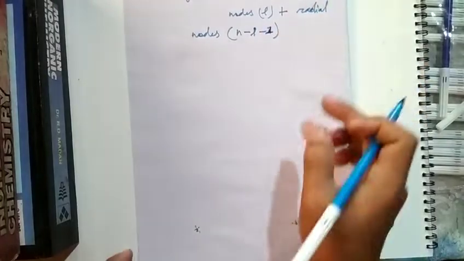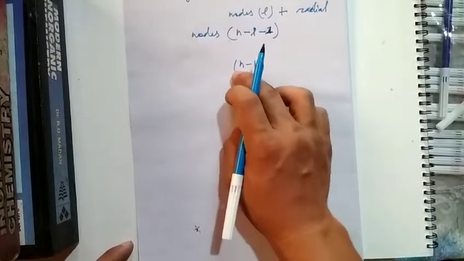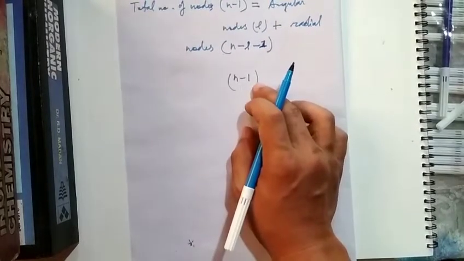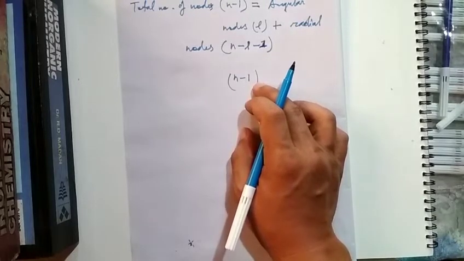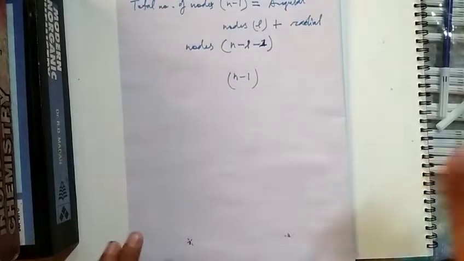If this seems confusing, you can just write n minus 1, principal quantum number minus 1. So this will give the number of nodes present in those orbitals, 2s, 3s, like that.